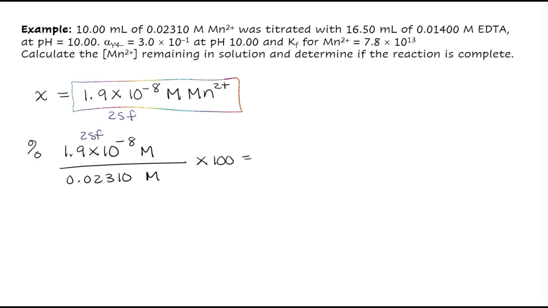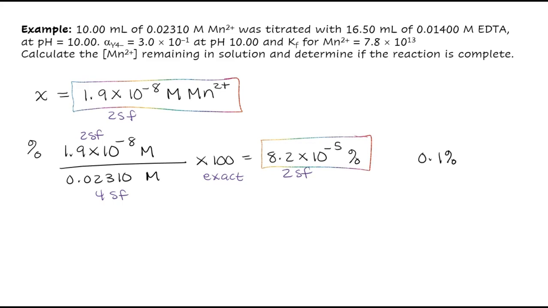We have 2 sig figs in our numerator, 4 in the denominator, 100 is exact, so the percent remaining in solution will be rounded to 2 sig figs. Doing the math, 1.9 times 10 to the negative 8 divided by 0.02310 times 100 gives us 8.2 times 10 to the negative 5%. Our threshold for reaction completion is 0.1%. So because this value is less than that, the reaction is complete.